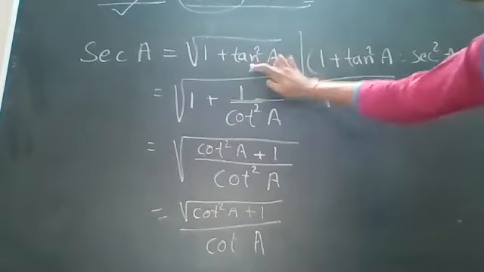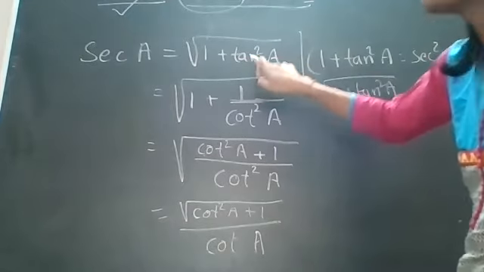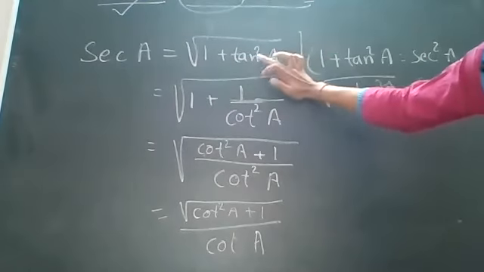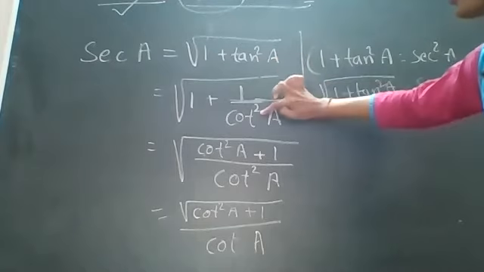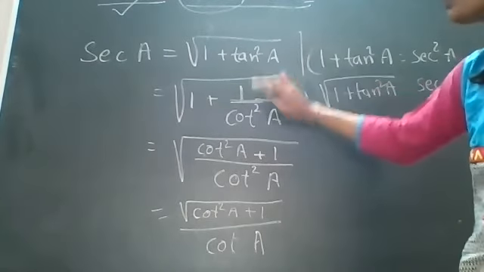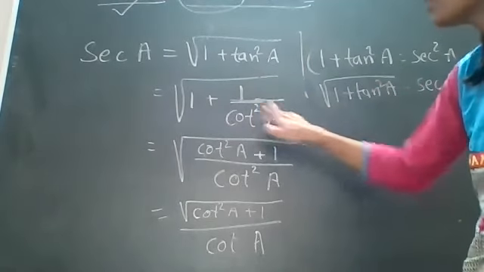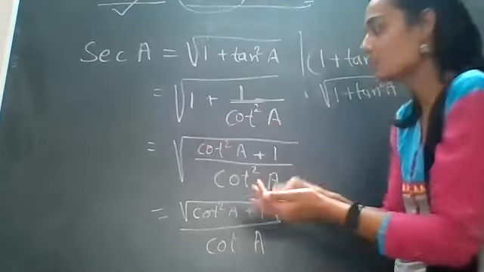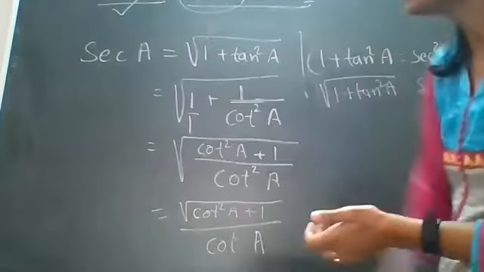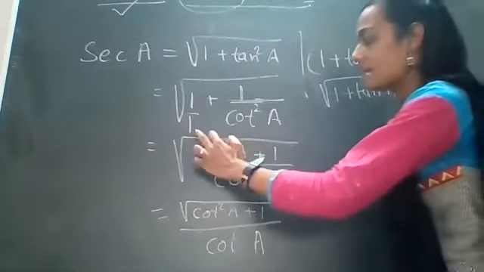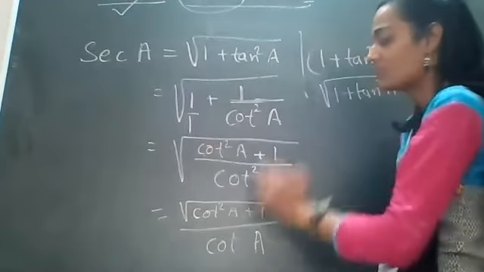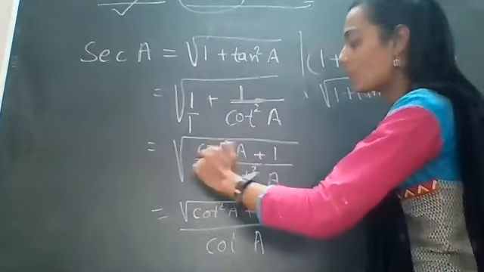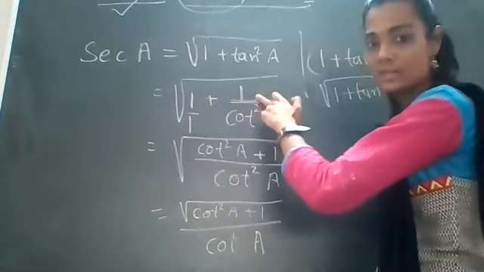Now, we don't want tan also. We want cot. So what is the relation of tan and cot? So tan is equal to 1 upon cot. So here tan square is there, so the answer will become 1 upon cot square A. Okay, now here LCM we have to take because 1 is there. So we are taking the LCM of 1 and cot square A. So LCM will be cot square A. So here we have to multiply to get cot square A plus 1.